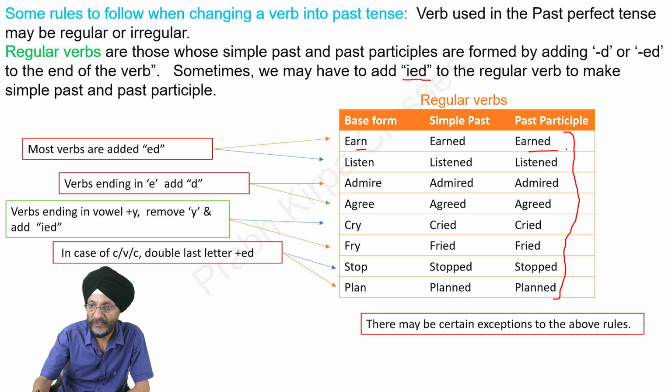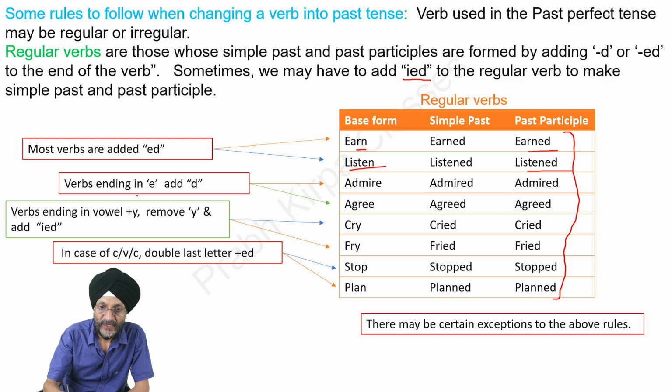Earn becomes earned. Listen becomes listened. In case of certain verbs which end in e, we have to simply add d. Admire becomes admired. Agree becomes agreed.